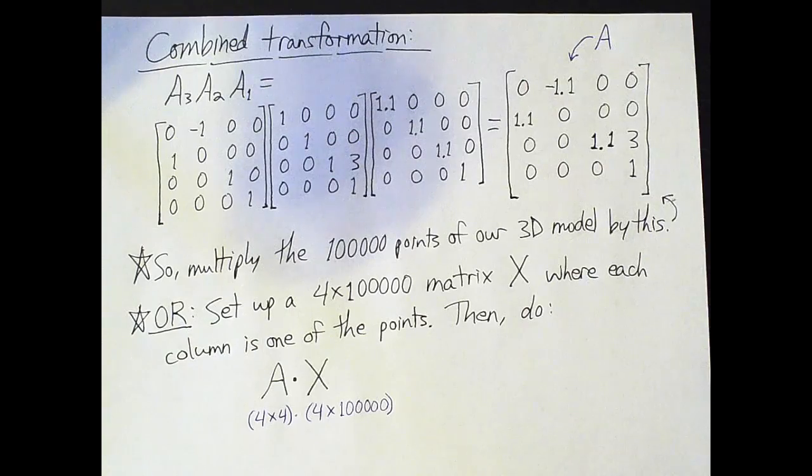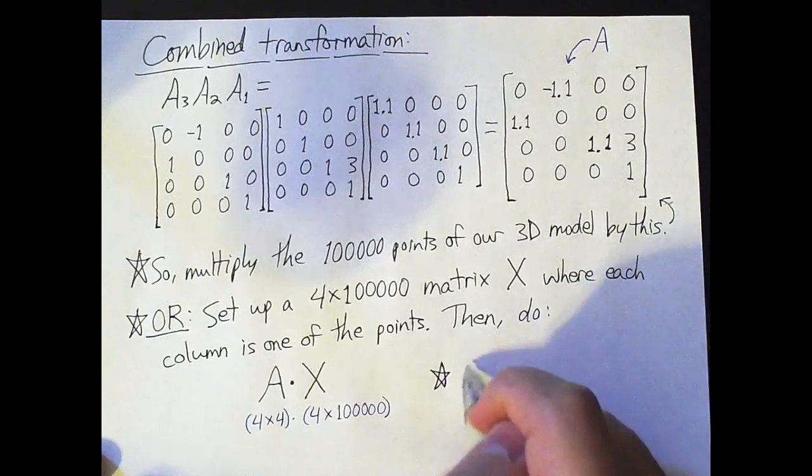What were the three things we did? We enlarged by 10%, we translated 3 units along the x-axis, and we rotated 90 degrees counterclockwise. Do this, and you did all 3 of those things to all 100,000 points.